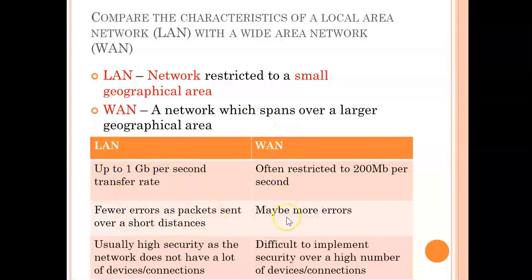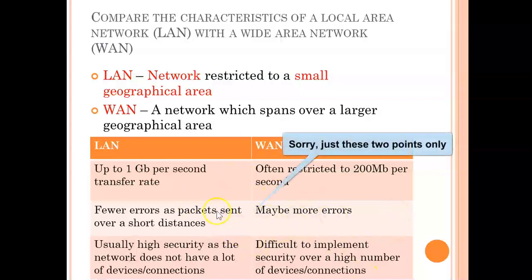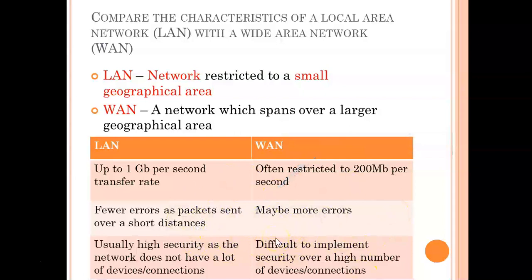But a WAN, because the distance is further, so these 4 points discussed in this table over here are referring mainly to the distance. The distance contributes to these. So the further away the computers are in the network, the higher the chance errors or error transmissions are going to occur.